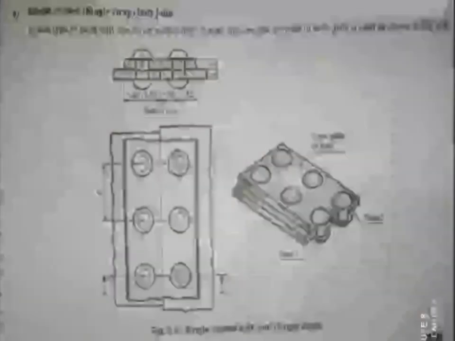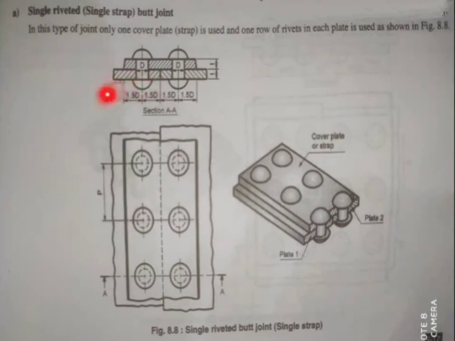To make it clear, for plate number 1, one row of holes of shank diameter is drilled. For plate number 2, another row of holes of shank diameter is drilled. But for the strap, which is the cover plate and covers both plates, two rows of holes of shank diameter are drilled.